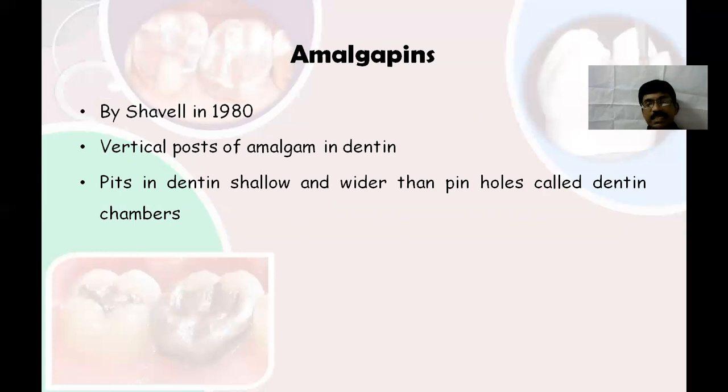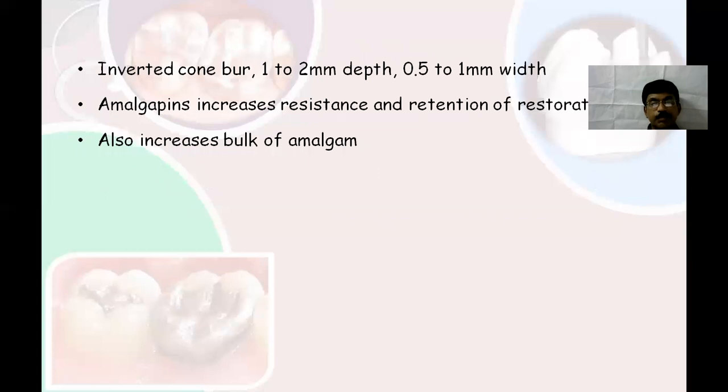The pits in the dentine are shallow and wider than the pinholes, and are called dentine chambers. We use the inverted cone burr to prepare the pits. The depth of the dentine chamber is 1 to 2 millimeters and the width is 0.5 to 1 millimeter.